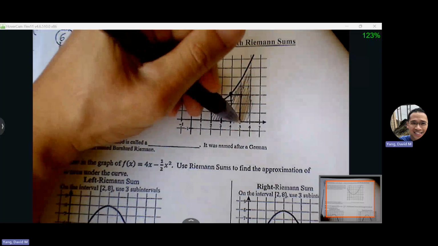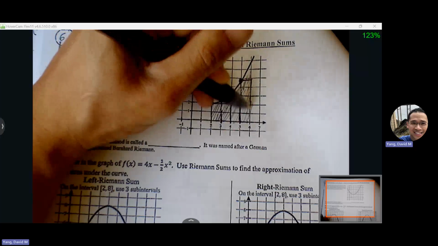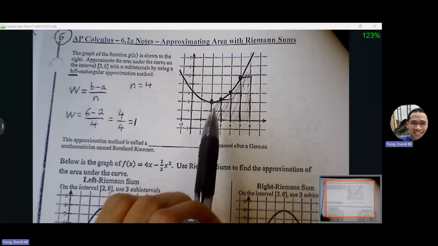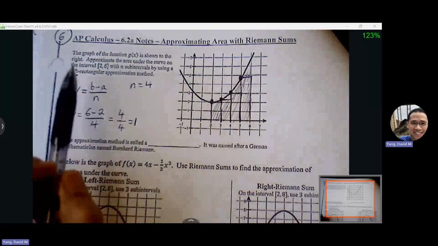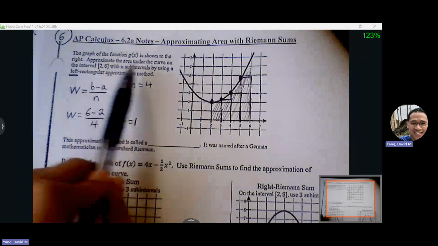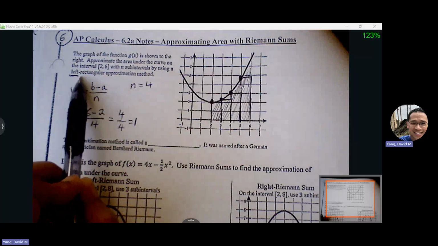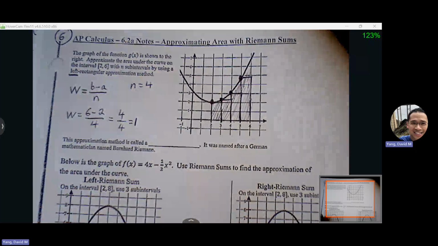And then my fourth rectangle, go all the way to where the graph touches 5, and that'll be the height of my last rectangle. So we know that this is not the exact area under the curve, right? There's all these gaps that are unaccounted for, but we know it's an approximation, and we're asked to build it using a left rectangular method. So that means the left endpoint is going to be the height of each rectangle.